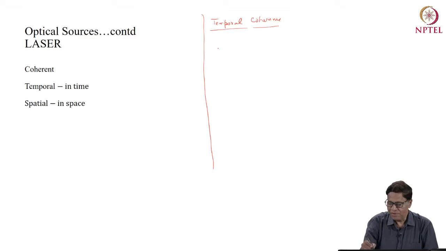Suppose there is a waveform, something like this. It has some amplitude A1 at time t, and at time t minus tau, it is A2.